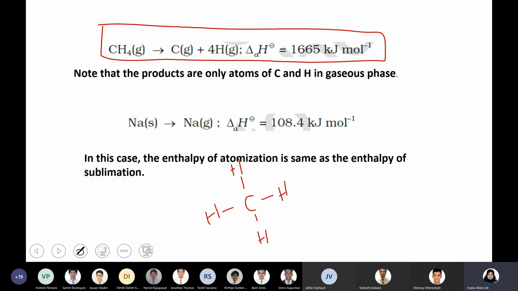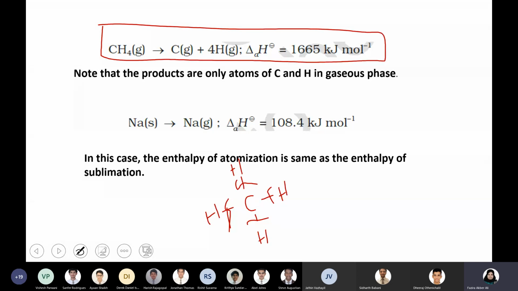You're breaking the bonds in 1 mole of methane, and after breaking all the bonds completely, you get 1 carbon and 4 hydrogen atoms, and that is the enthalpy of atomization of methane.